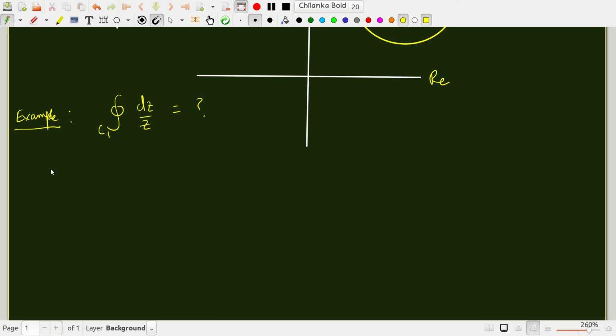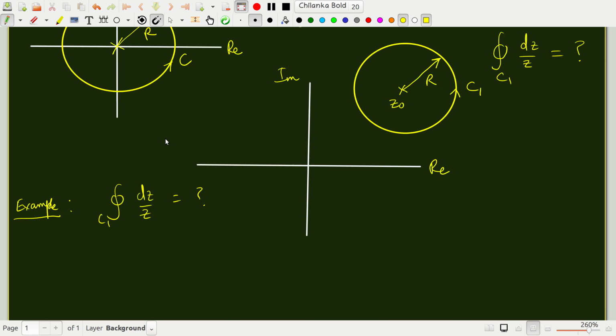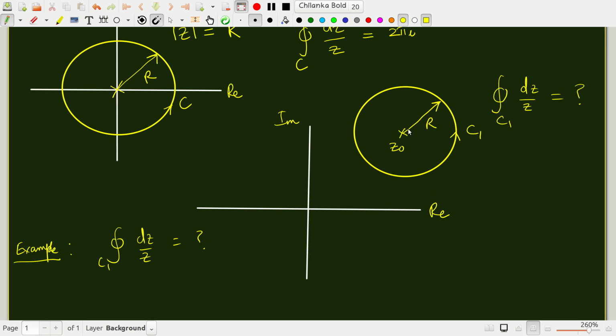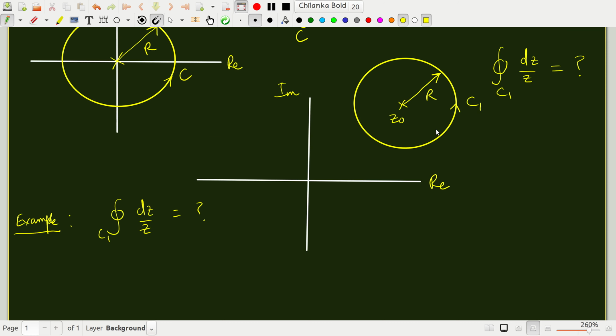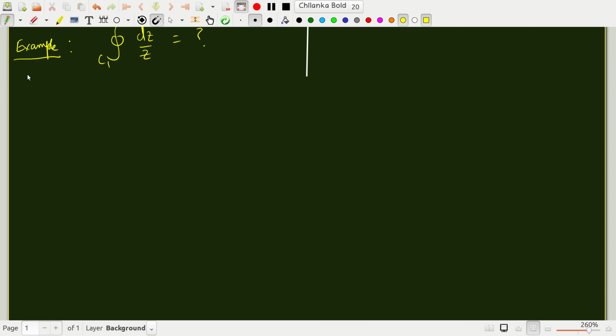Now to do this, whenever you have a point z0 that is not the origin, what you generally do is to parameterize this contour. It's easy to think of this circle which is centered around z0 as z minus z0 is equal to capital R e to the i theta. So z is z0 plus R e to the i theta.